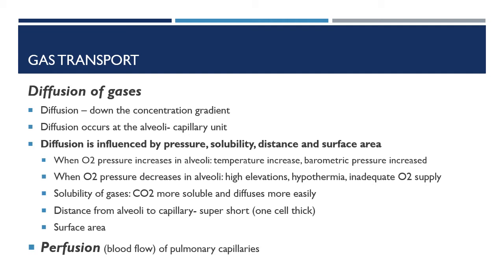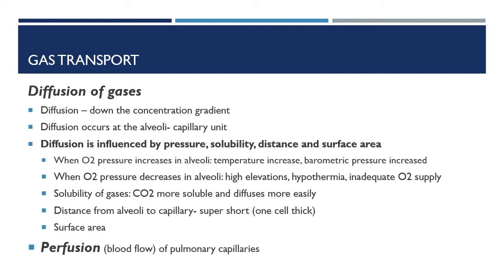Well, that can also lead to inadequate oxygen concentrations in the alveoli, which is then going to cause less diffusion across the alveolar capillary membrane. Okay, so the first two really deal with pressure changes. So basically at higher elevations you have less oxygen pressure, so there'll be less oxygen delivery to your alveoli.